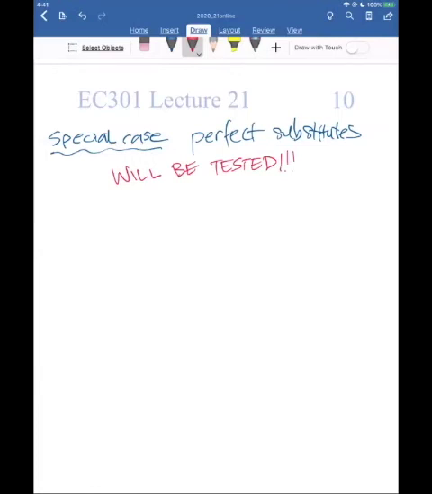And the hint I can give you is, think economically about this. Don't try to rush yourself and set up some equations. Just think economically: if you want to produce an output and you have two goods that are substitutable for each other, what should be the least costly way for you to produce an output?